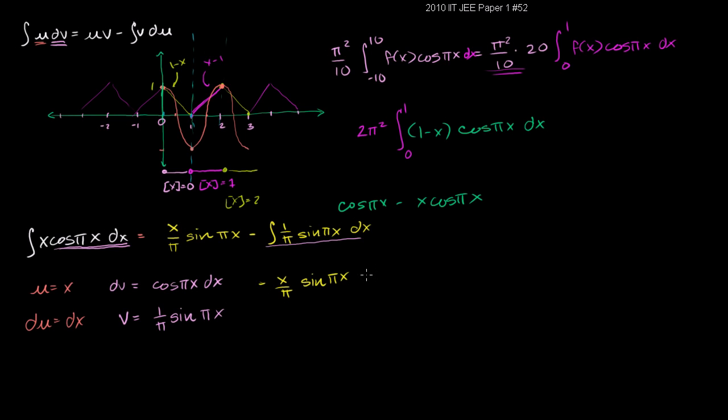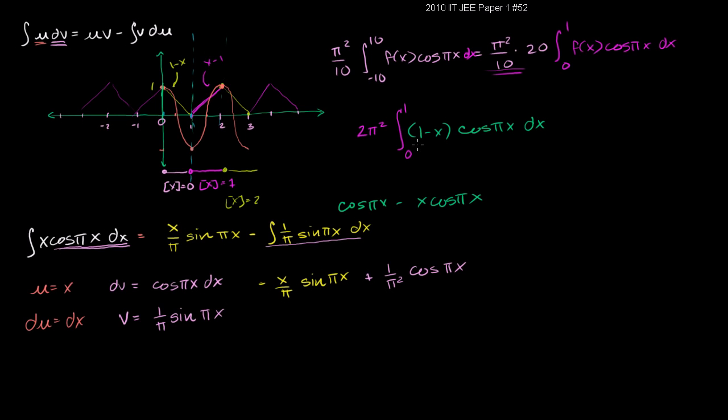The negatives cancel out, so you have plus, and then you do the 1 over pi times 1 over pi, 1 over pi squared cosine of pi x. That's the antiderivative right there. And you can verify. Derivative of cosine of pi x is going to be negative pi sine of pi x. The pi will cancel out here. You get a negative sign, and then you have a sine of pi x. So this is the antiderivative of that.